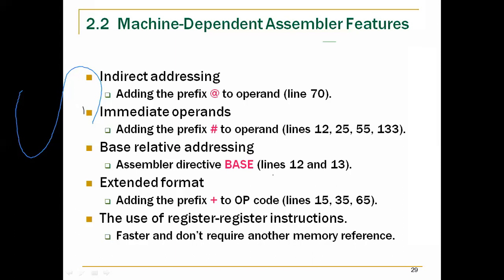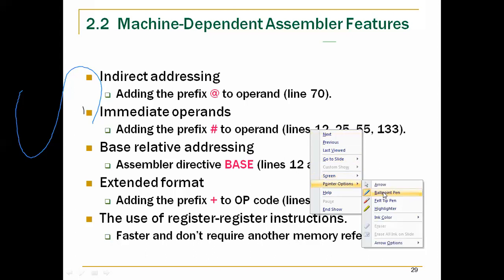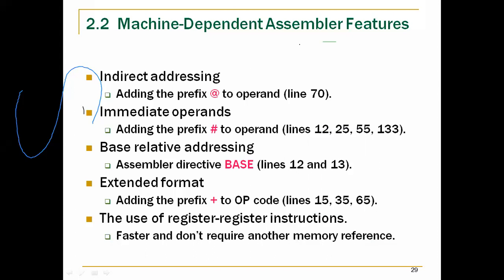Right. So whenever we look into the SIC/XE features, we saw that in terms of the instruction format and in terms of the addressing mode, there are a few differences. One of the major differences is that there are 4 different types of instruction formats supported on SIC/XE, and the memory size has also been increased.